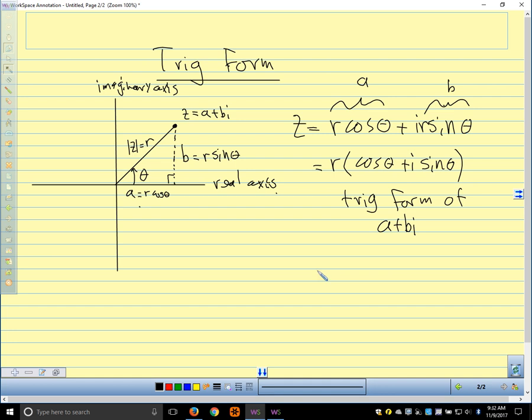We call r the modulus. And we call theta the argument. So modulus is just another name for the absolute value of a complex number. The magnitude, the length of that hypotenuse. Called the modulus, and we call the angle theta the argument.